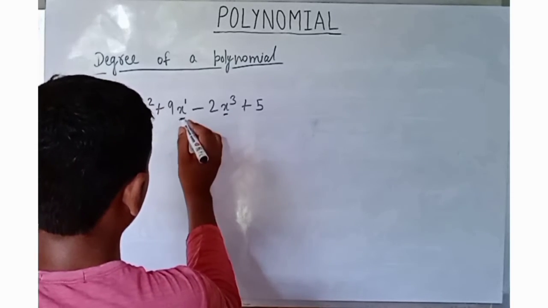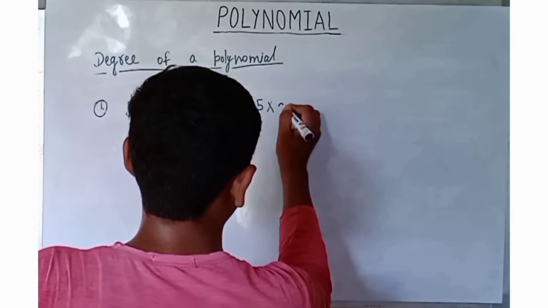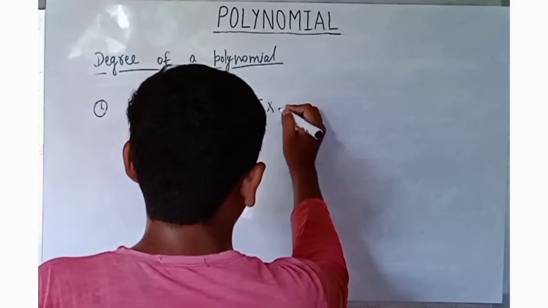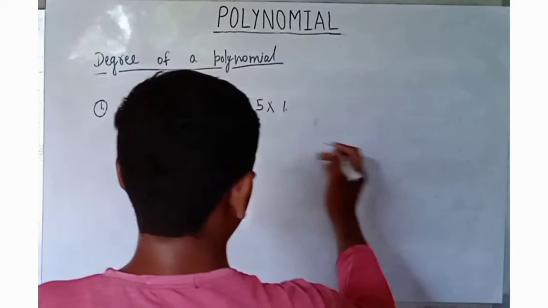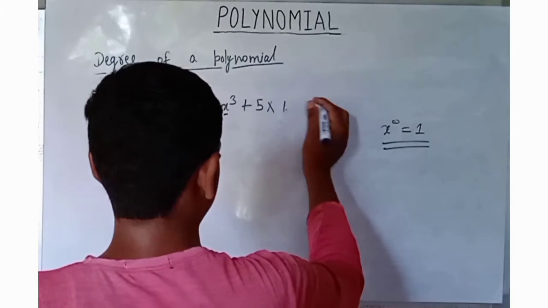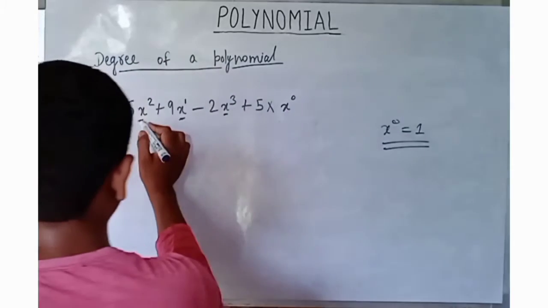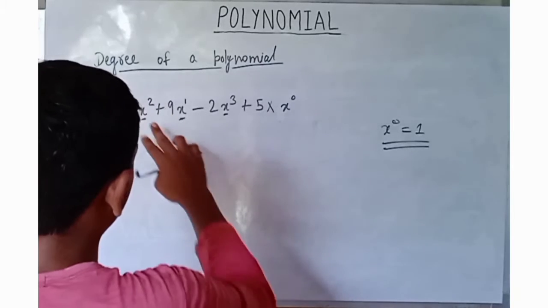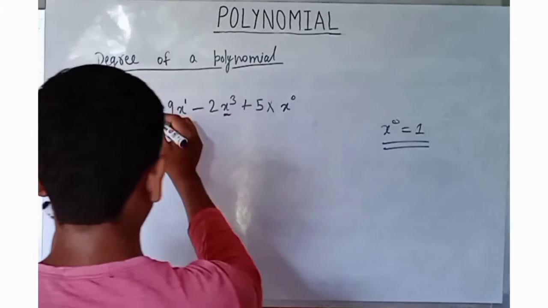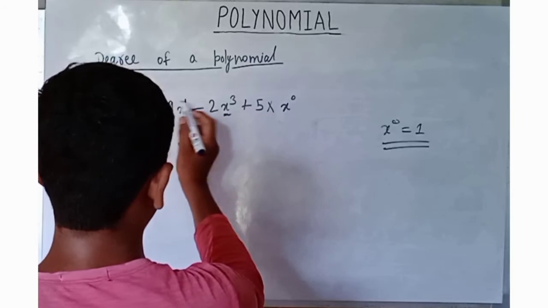If you notice, previously I told you that it can be 5 into x to the power 0, because we can write it as 5 into 1, and you know that x to the power 0 is equal to 1, by the laws of exponents. See here, the highest power of the variable is x to the power 3, and all the others are less than 3: here 2, 1, 0.